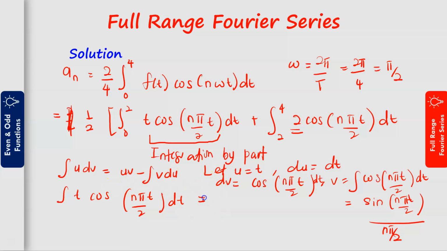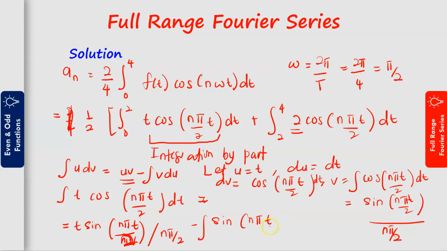What we got here, class, is uv, which is t multiplied by v, that is sine n pi t over 2, all divided by n pi over 2, and then minus the integration of sine n pi t over 2, all divided by n pi over 2, because this is the integration of v du and du is dt.